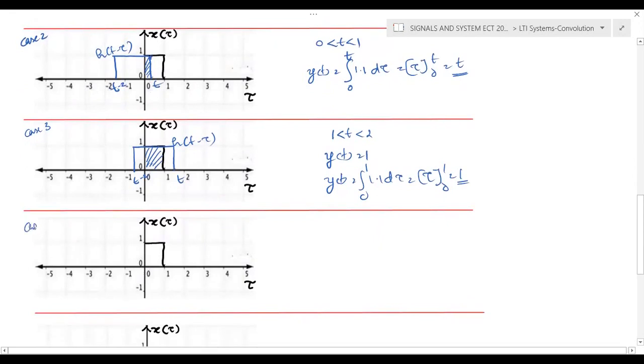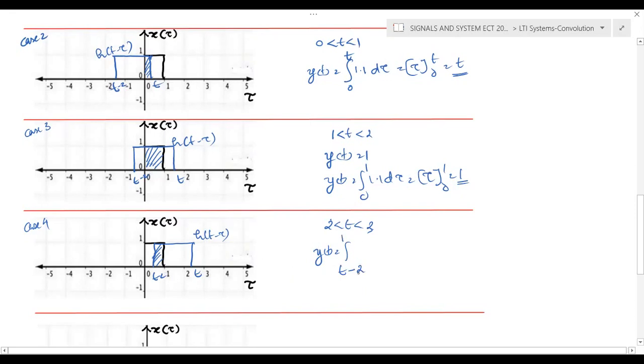Now we'll approach case 4. We already discussed t up to 2. Now assume that t is greater than 2 and less than 3. Now this t is here, and the back end of this h of t minus 2 lies within this region, h of t minus 2. And if you observe the waveform, there is a common area, and if you integrate y of t, this particular equation, we will start the integration from t minus 2 onwards, and the final point will be 1.